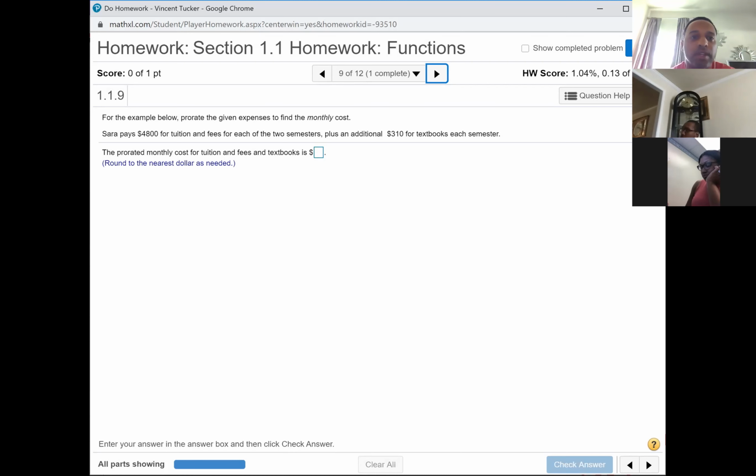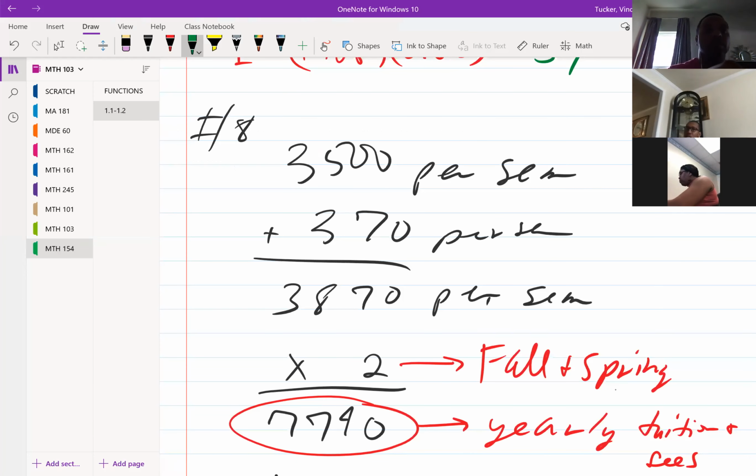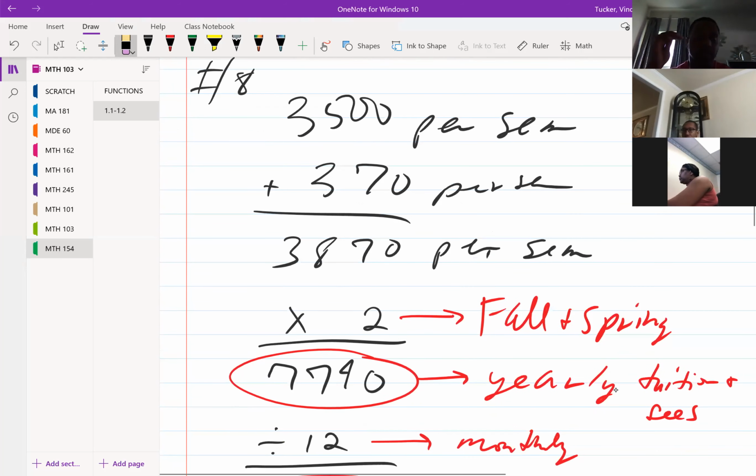All right, so here we have, for an example, prorate the given expenses for the monthly cost. Sarah pays $4,800 in tuition and fees for 2 semesters, an additional $310 for textbooks. This was the same example.